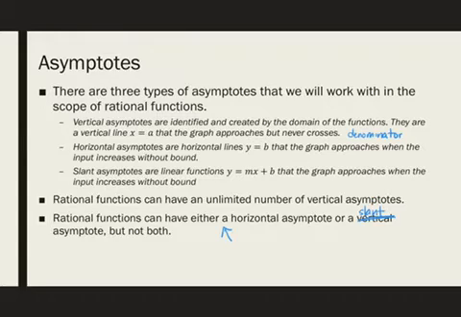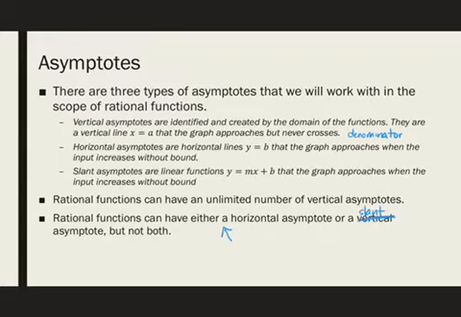But in the long run, it will go back to that asymptote. Okay, and I'll give you an example of what that looks like when we talk about them a little bit more closely. But just know horizontal and slant asymptotes are slightly different because you can cross them sometimes.